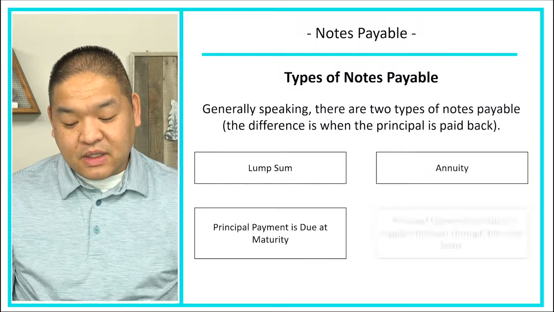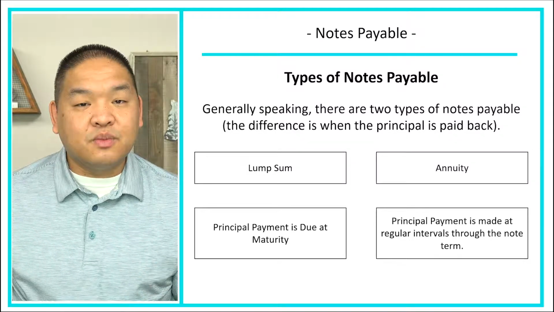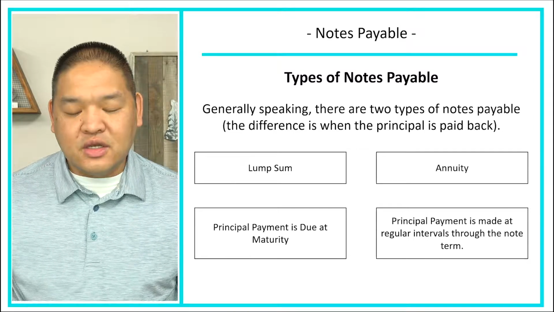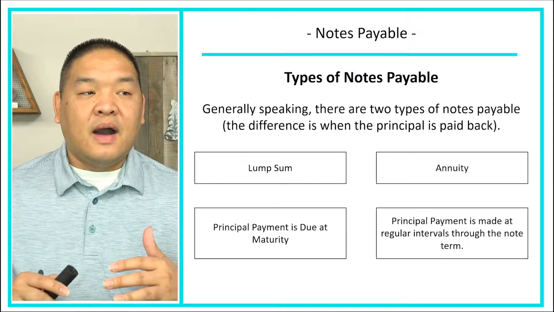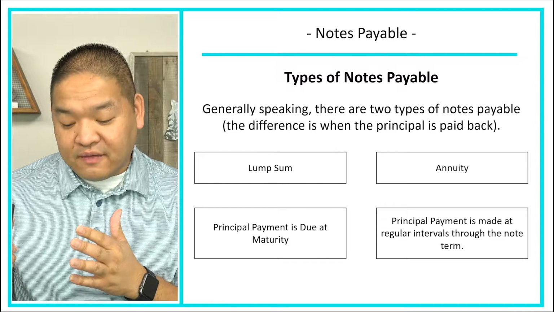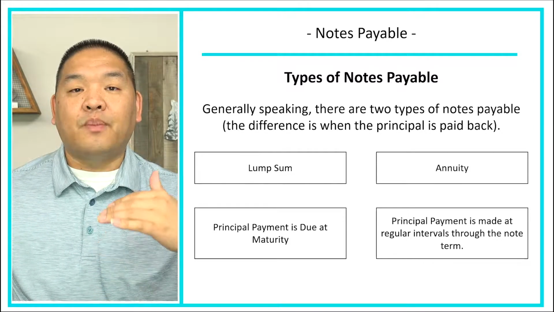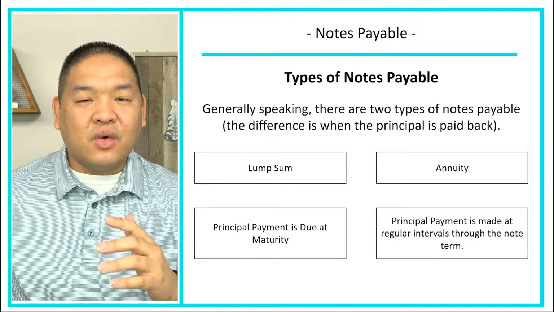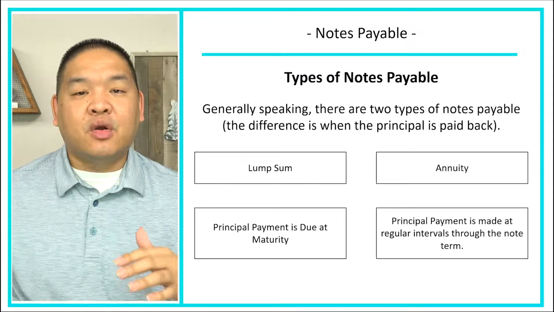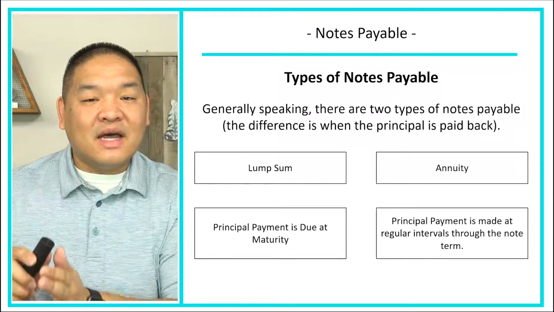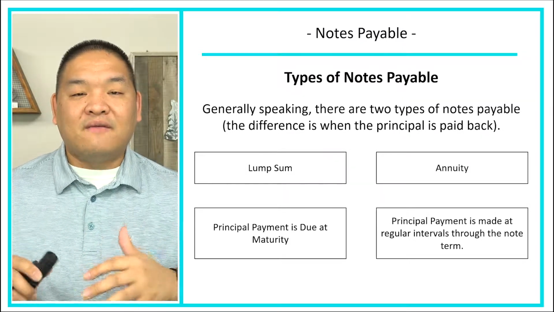This is different from the annuity, in that with an annuity, the principal payment is made at regular intervals through the note term. Oftentimes you can think of an annuity as a car payment. When you make a car payment, you're not only paying the interest, but you're also paying part of the principal, so that when you get to the end of your car payment, you don't have a lump sum.